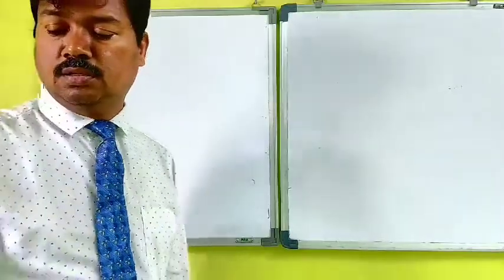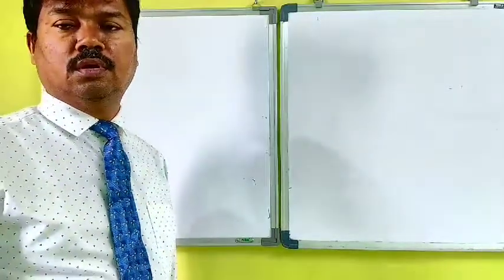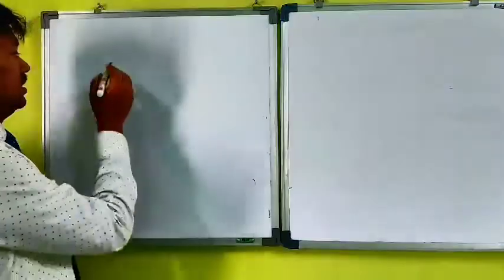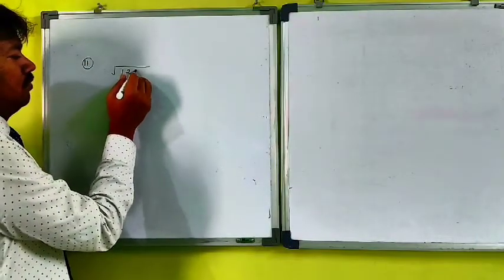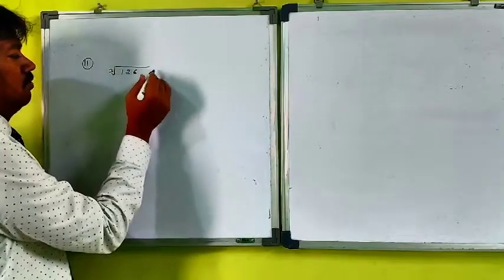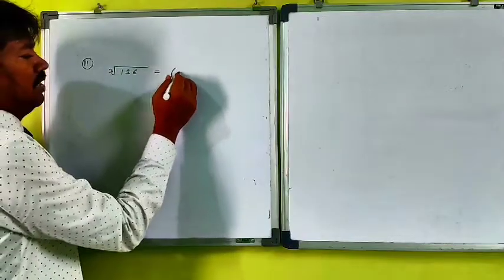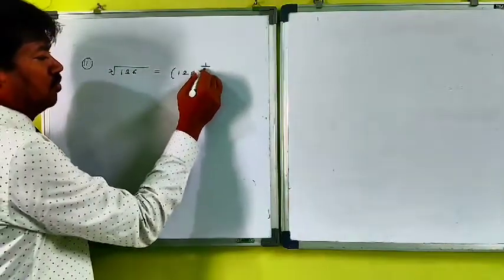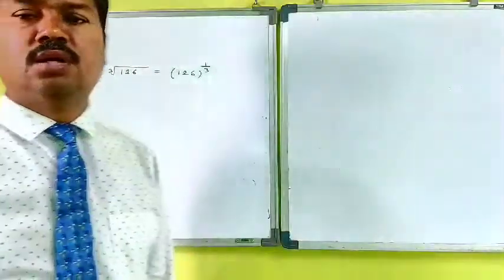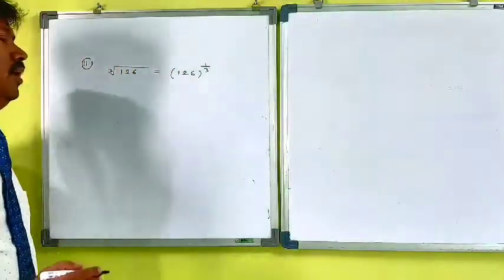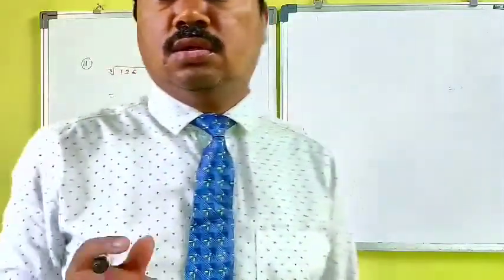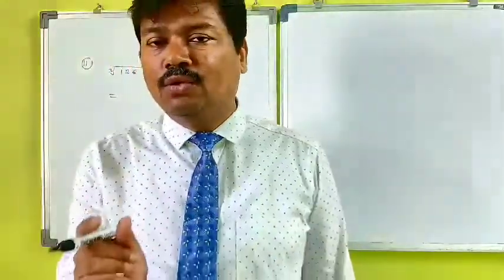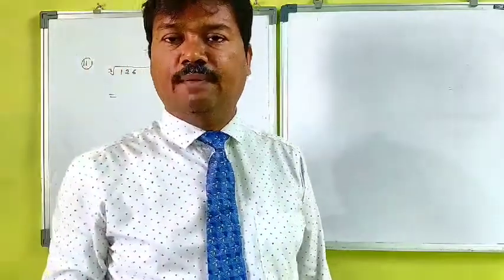Similarly, you have to find the cube root of 126. That is the second part of that question. So the cube root of 126 we can write as 126 raised to 1 upon 3. In this case, the nearest complete cube is 125.